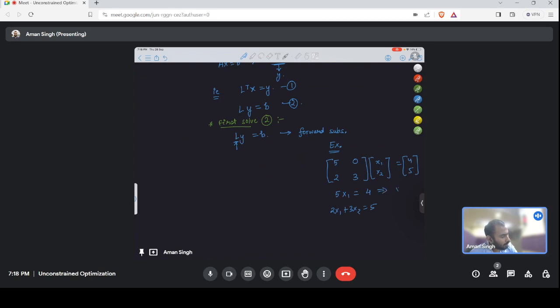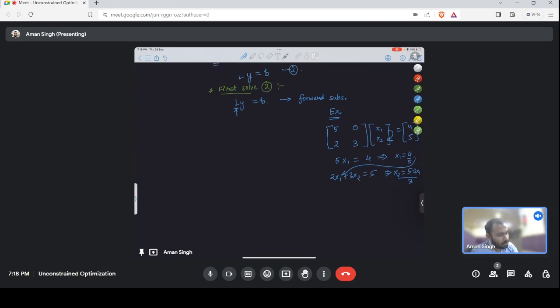Directly, x1 equals 4 by 5, and you can put it in the second equation to get x2 equal to 5 minus 2x1 divided by 3. If it is a very big matrix, you just keep finding x1, put it in x2's equation to find x2, and go one step down to find the next variable. This way it's easy to solve and less computationally expensive than finding A inverse.